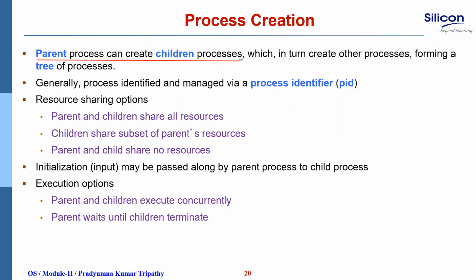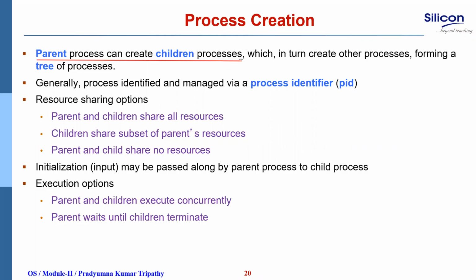So there are three different ways it can be done. They may share all resources, they may not share any resource, or a part of the resource of the parent can be shared by the child. Is it clear?